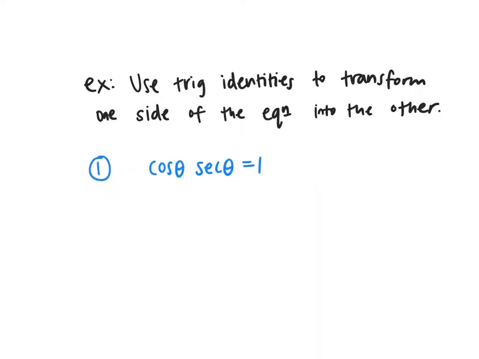So here's what you need to be able to do after this lesson: use trig identities to transform one side of the equation into the other. I have a left-hand side and a right-hand side. I would choose the side where it looks like you can do more with it. So I'm going to choose the left-hand side, and I'm going to only work on the left-hand side to make it look like the right-hand side. I have cosine theta and secant theta.